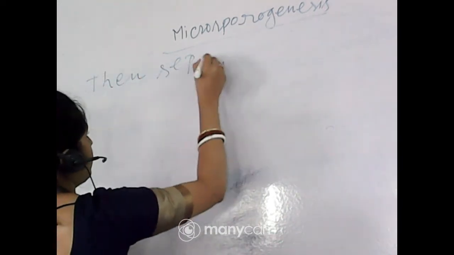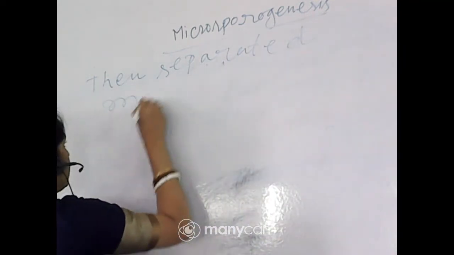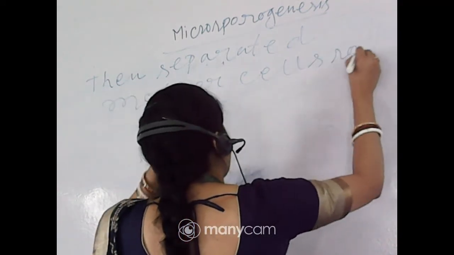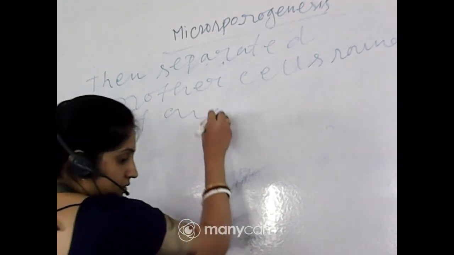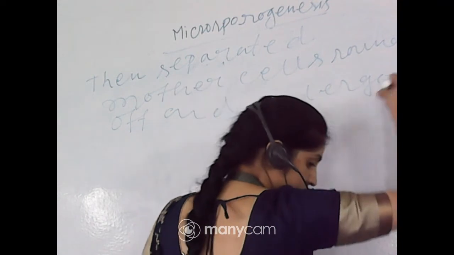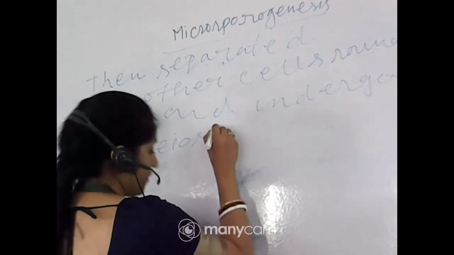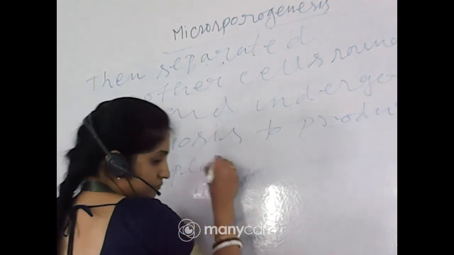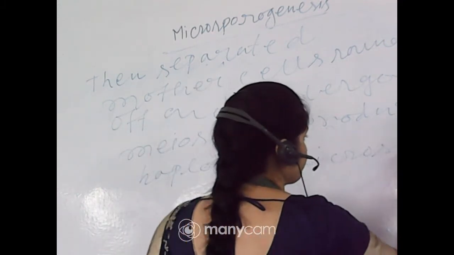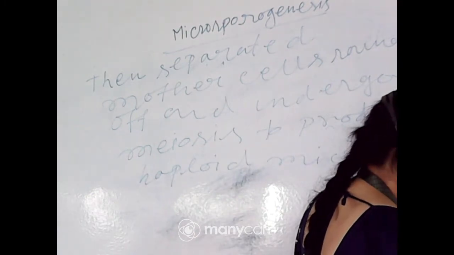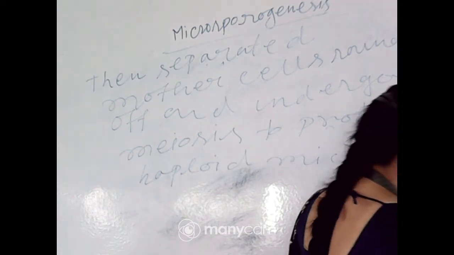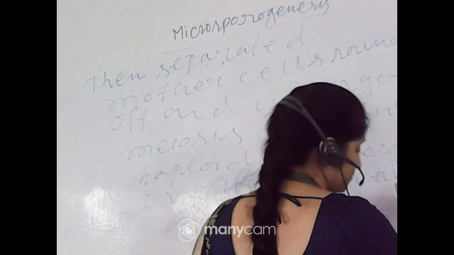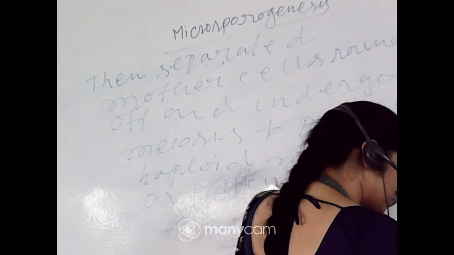Then the separated mother cells round off and undergo meiosis to produce haploid microspores, the pollen grains.